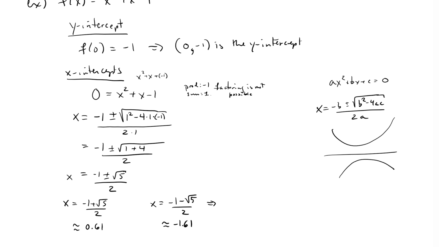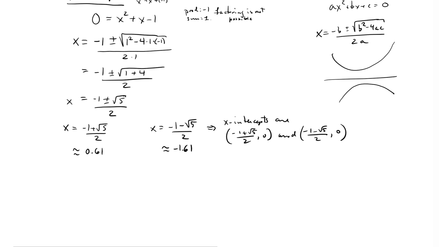So the x-intercepts here are minus 1 plus root 5 over 2, 0, and the other one is minus 1 minus root 5 over 2, 0.